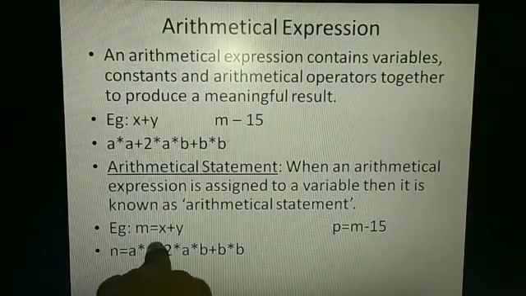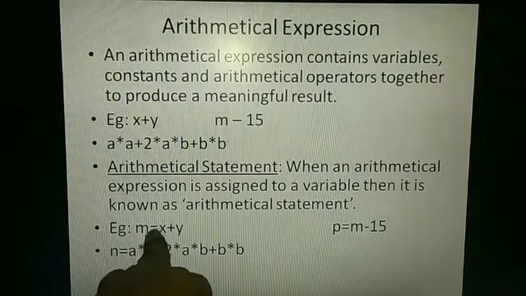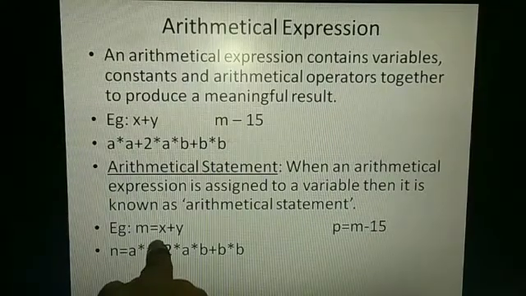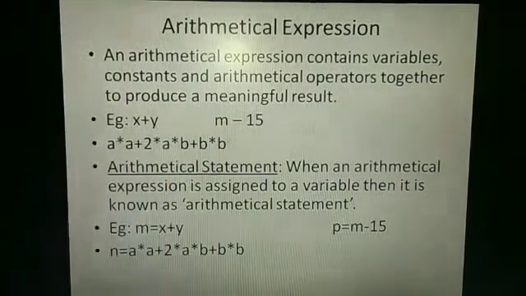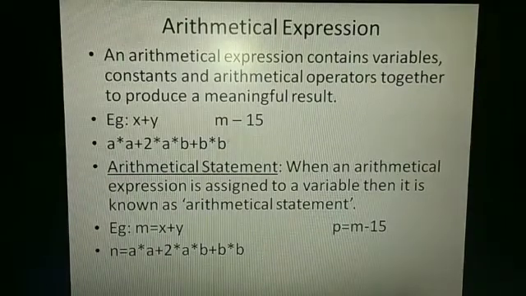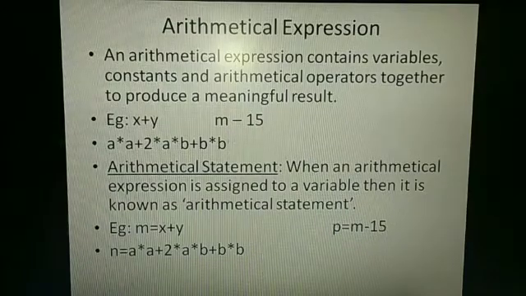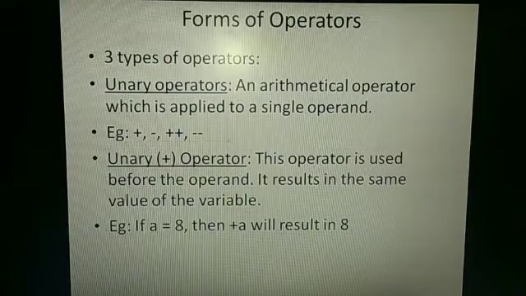How has it been assigned? Using an equals to symbol. The equals to symbol is also called the assignment operator. Is that clear? Next slide is the forms of operator.